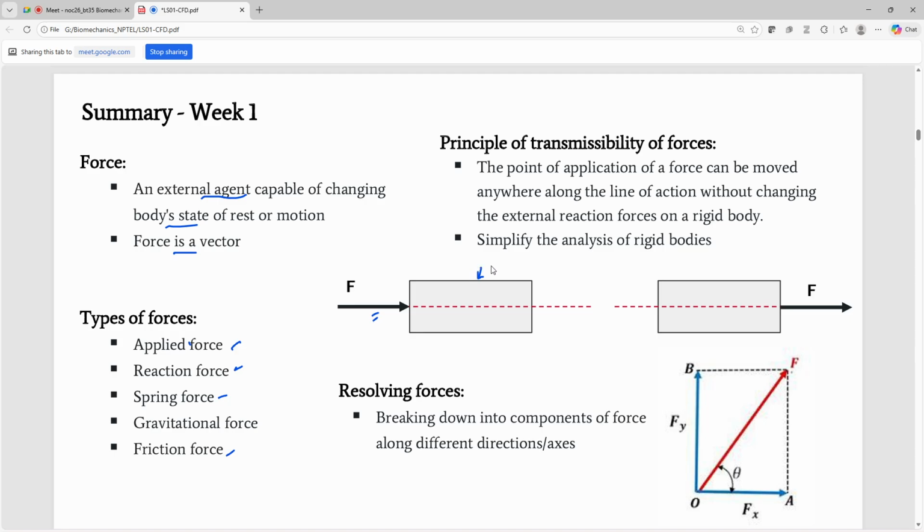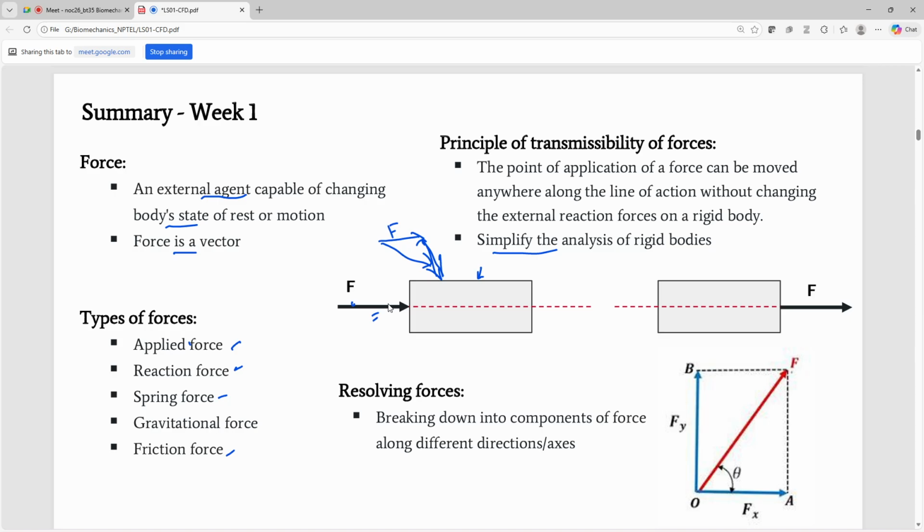This principle is there only to simplify the analysis of rigid bodies. Suppose there is some other force acting on the body. I can move these two forces to create one resultant force. I can move this vector to connect here, or move the force F here to get a resultant.